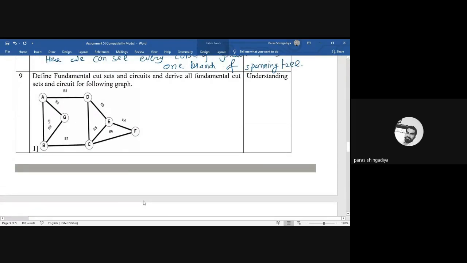So can anyone explain what is the meaning of fundamental cut set? Yes, what is the definition of fundamental cut set? You have to first write both the definitions here, okay? And then start solving all the examples.